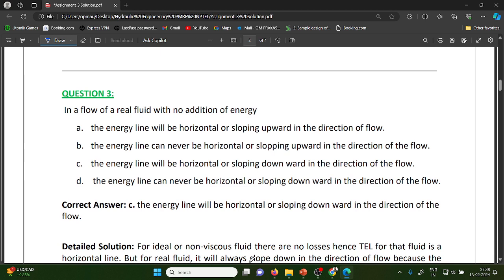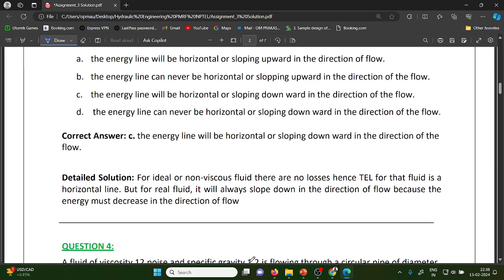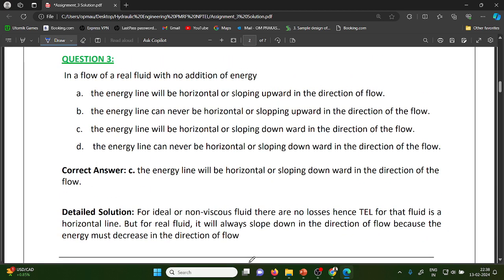So option C is correct. The energy line will be horizontal or sloping downward in the direction of flow. Discussion, what is the detailed solution of that? If you see the detailed solution, for ideal or non-viscous fluid, there are no losses. Hence, total energy line, that is TEL, for that fluid is a horizontal line.